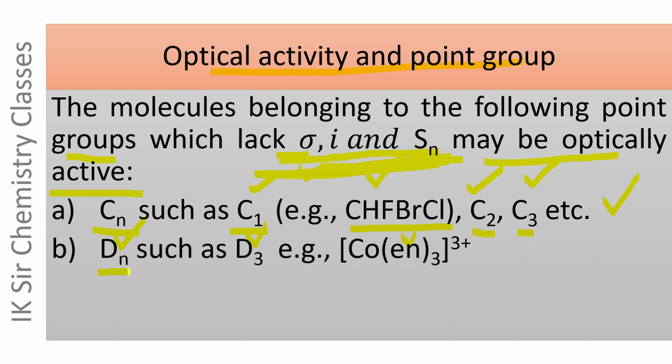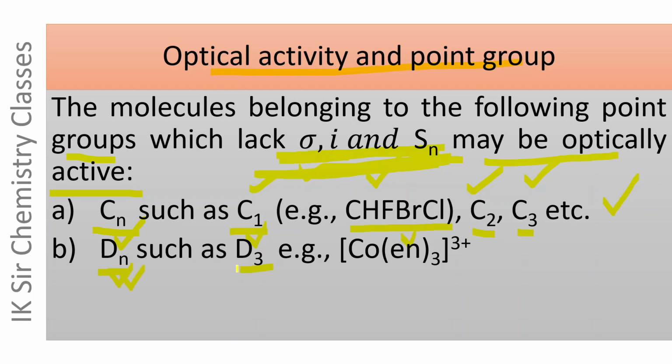Dn point group, such as D3. The molecule belonging to Dn point group contains E, Cn and n number of C2 dash perpendicular to Cn, and thus these molecules don't have sigma, i and Sn, and hence the molecules belonging to Dn point group are also optically active.